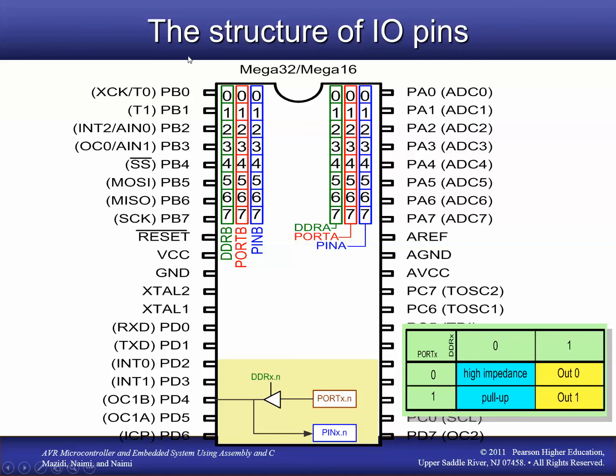For example, if we had port B pin 0 as an output, and we wanted it to go to 5 volts, then we would write a 1 to the port B register bit 0. So if this was a 1 and this was a 1, then this would be at 5 volts. And if we instead wrote a 0 to the port B register bit 0, then this would be at 0 volts. I know that's a lot to take in right now, but we'll look at some more examples in a little bit.